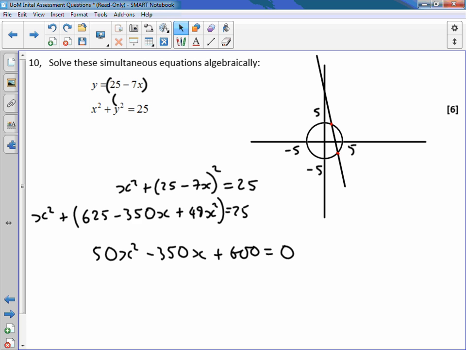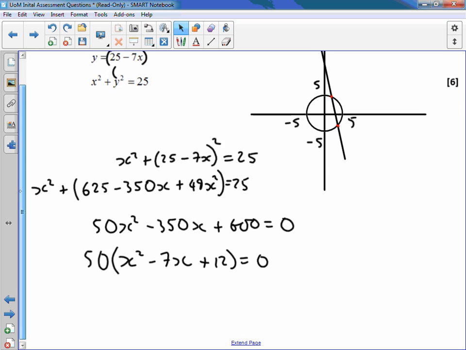And at this stage, I'm guessing some people went kind of flibble because those numbers are really quite big. However, 50 is a factor of 50, 350 and 600. So I can take a factor of 50 out. It's going to give me x squared minus 7x plus 12 equals 0.